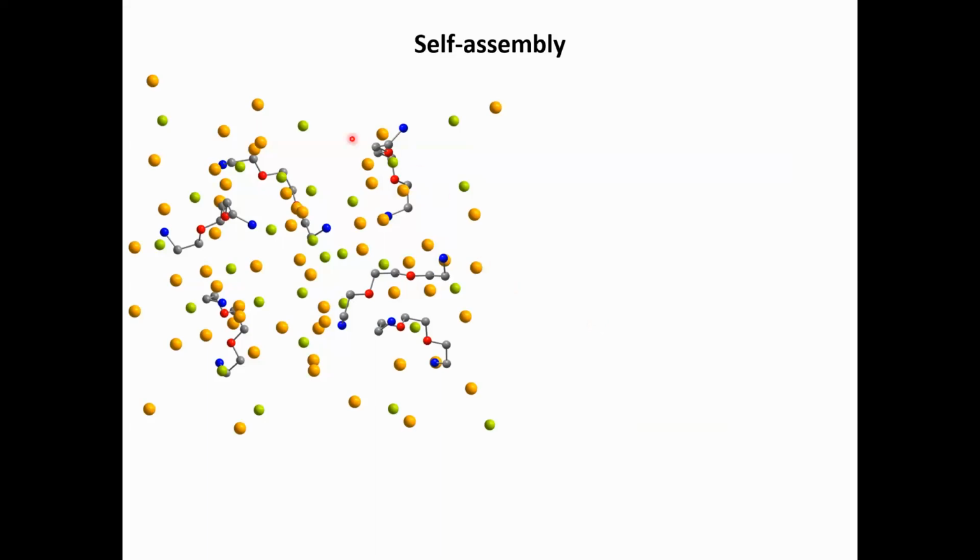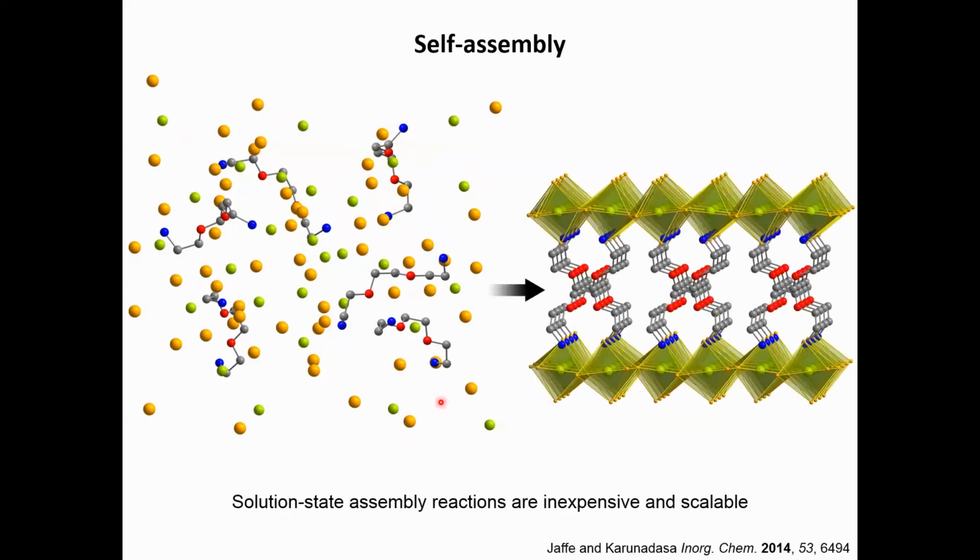So you can imagine there's this free-for-all tumbling mess of organic molecules and inorganic ions in solution. And our job is to find the conditions under which this crazy mess, on its own accord, chooses to form these beautiful ordered structures.